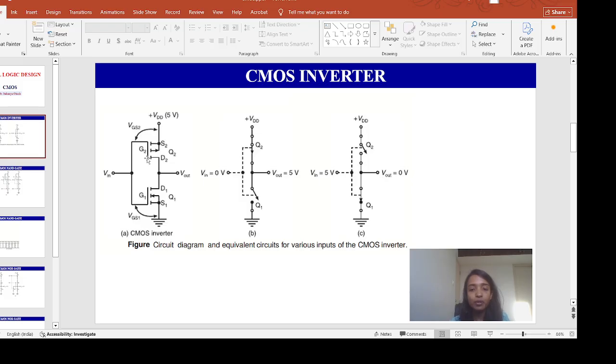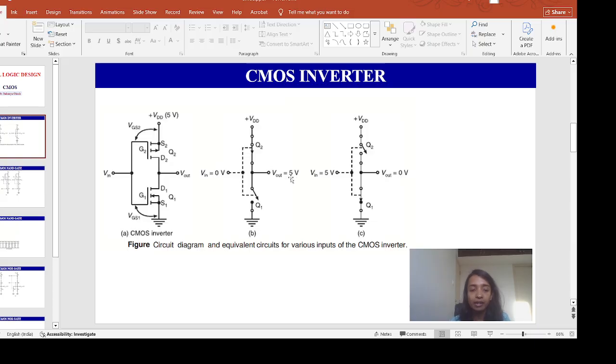And VGS1 is 0 volt, because this 0 is directly going to the gate of this NMOS transistor. So Q2 will be on and Q1 is off. This condition has been shown in this circuit. So output will be, in this condition, 5 volt.